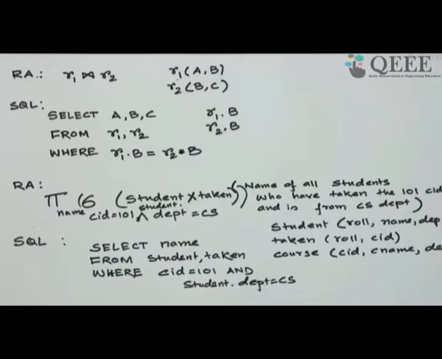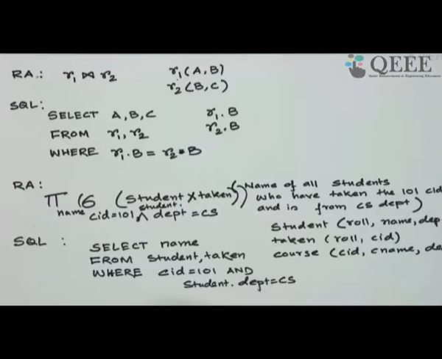Okay, so this is the SQL query. So I think what you should practice next is that, given a set of tables and given some queries, you should be able to write down the relational algebra expression as well as the corresponding SQL query.